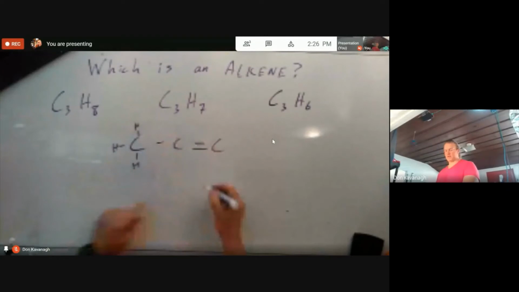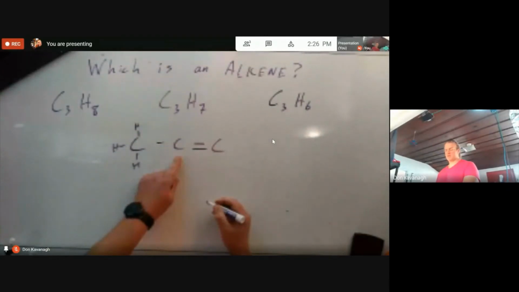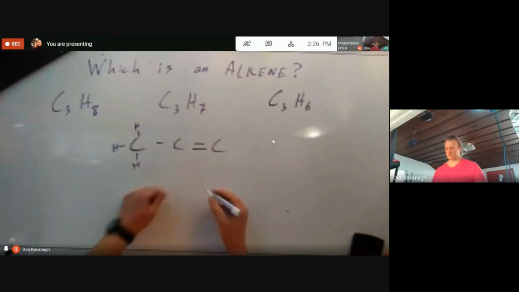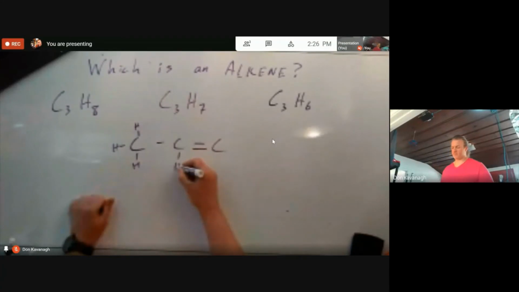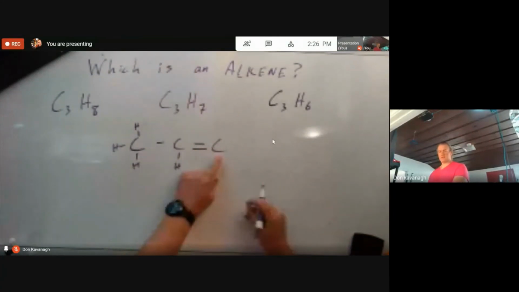The carbon in the center here is bonded twice, so it can only take on 1 more hydrogen. And this terminal carbon over here can only take on 2 more hydrogens.